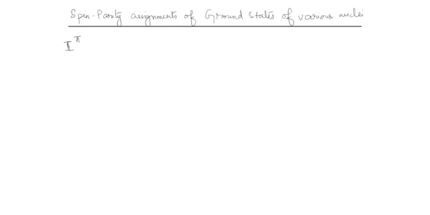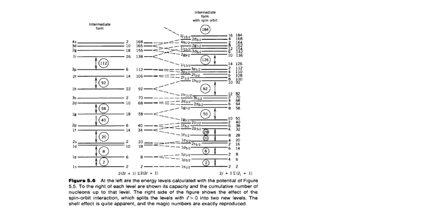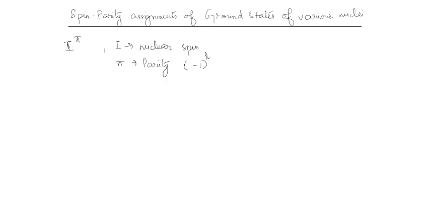This we saw in the first unit, where I is the nuclear spin and pi is parity, which is evaluated as (-1)^L. Okay. So if you look at the energy level schemes, let us consider the first few energy levels. So I have S1/2, P3/2, P1/2, D5/2, S1/2, D3/2, etc. So let us draw that energy level scheme here.